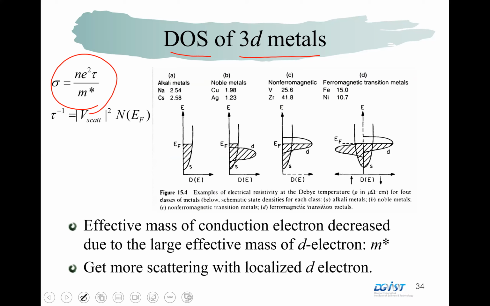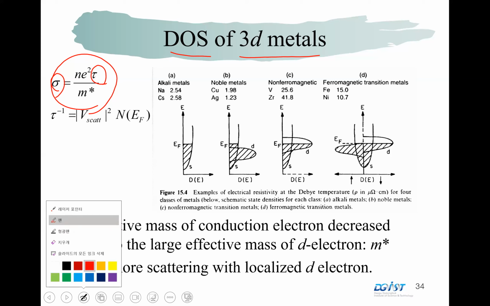Here, n is the number of electrons. So if we have more carriers, we can get a higher conductivity, sigma. And tau is called the relaxation time. This is the average time between each collision. So it means if we have more frequent collisions, then the conductivity will be small.